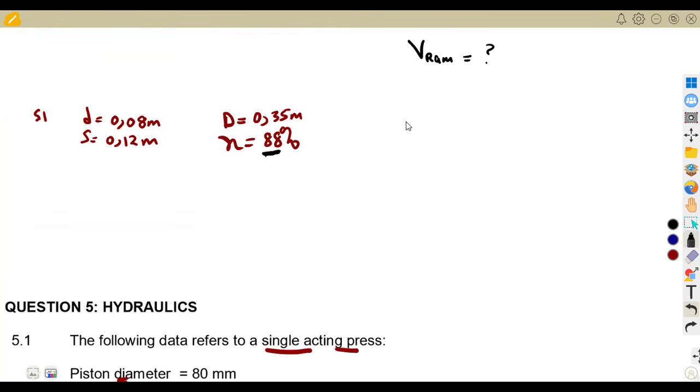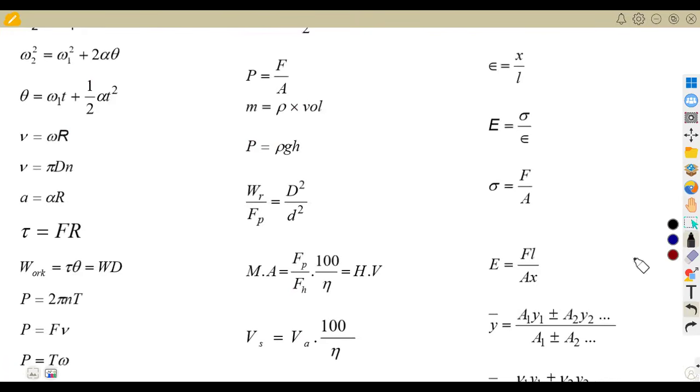I explained this in 2 ways in order for you to obtain this V ram, which is the actual volume. One, we can use this formula from your formula sheet.